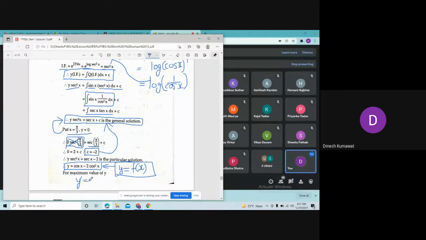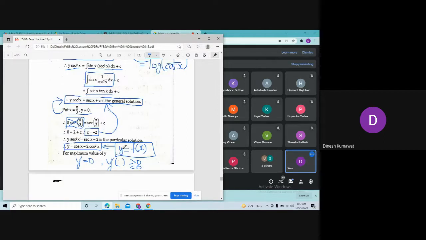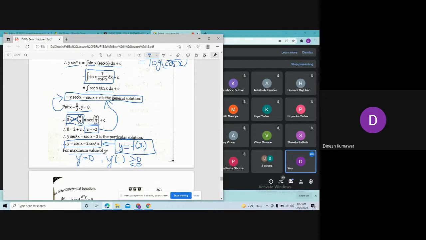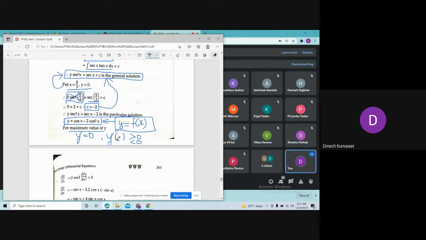Equate with 0. Okay, get the value of x. Find y double prime. Put the value of x and check whether it is bigger than 0 or less than 0. This is for maximum value of y.